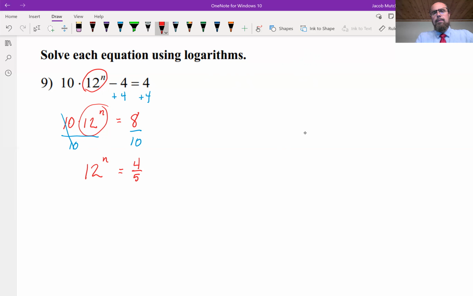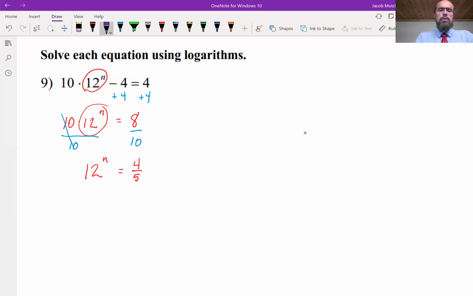So if I were to try my strategy of equating the bases, I really would have a hard time finding a common base to a power for 12 and 4 over 5. And in truth, a lot of times we're not able to use that strategy. But we have another strategy, which is the logarithm.